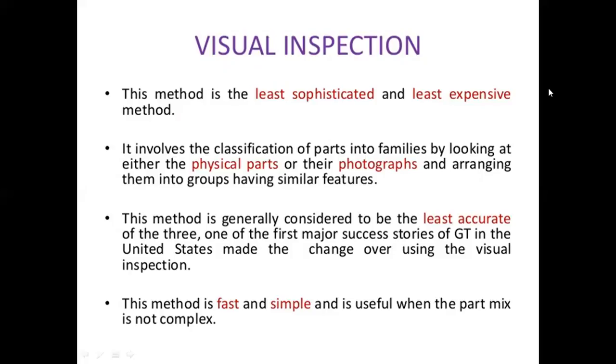Generally it is considered the least accurate, because by seeing, parts may appear similar, but when you observe keenly and touch them, they may differ depending upon the finishing operation and dimensions. But it is a very fast and simple method, though it does not give very good accuracy.